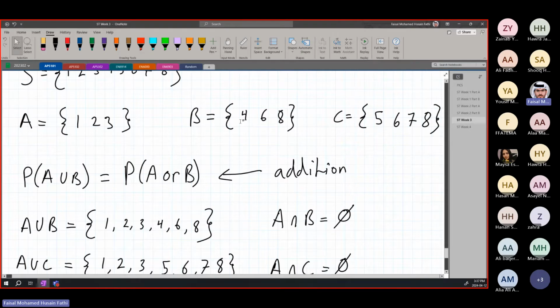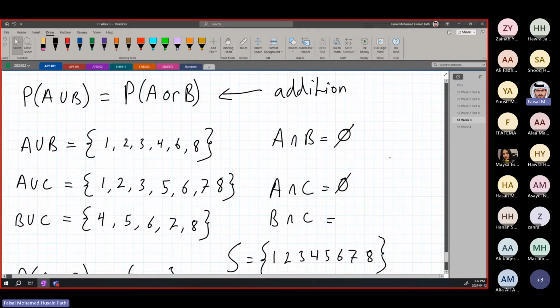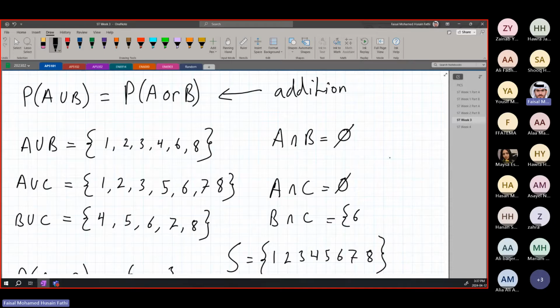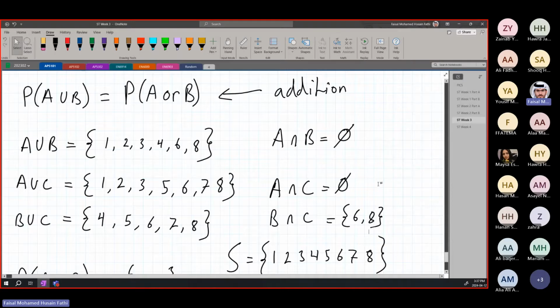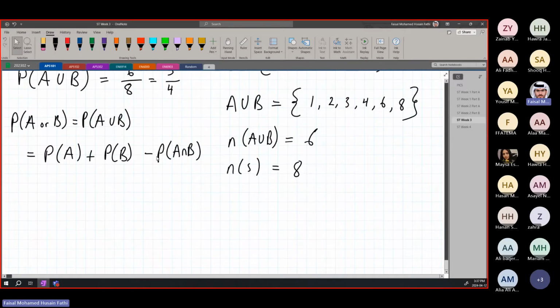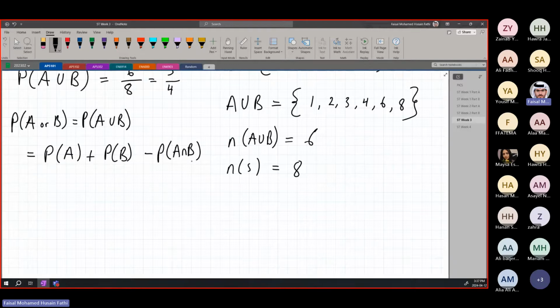So what are the common ones? We have 4 not common, 6 is common, and 8 is common. So B intersection C is 6 and 8. Okay? So A intersection B is phi. So the probability of it is 0. In the case of A and B, the probability here is 0.